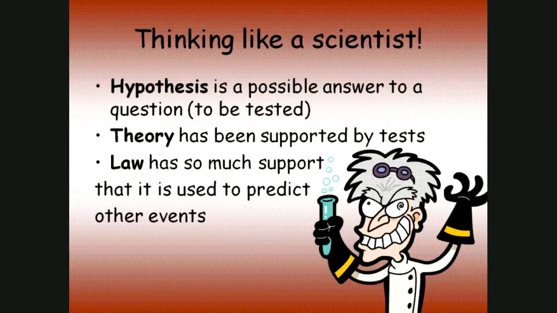When we get done testing, sometimes we have a lot of these tests that have supported a hypothesis, in which case a hypothesis morphs into a theory. A theory can actually become a law, a scientific law. You see, if it has so much support and no proof against it, then we can actually use that hypothesis or theory to predict other events.